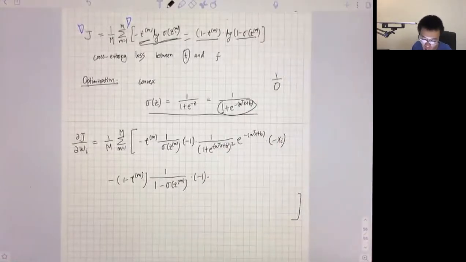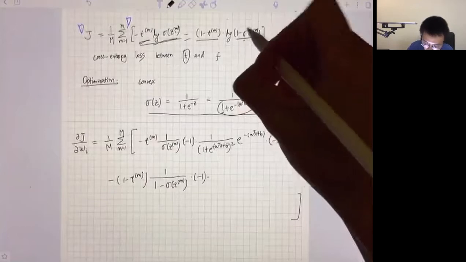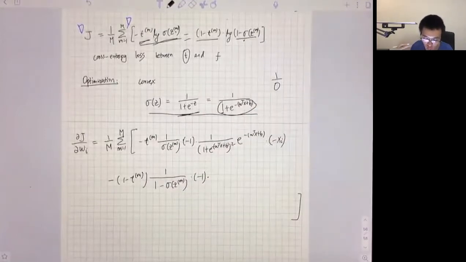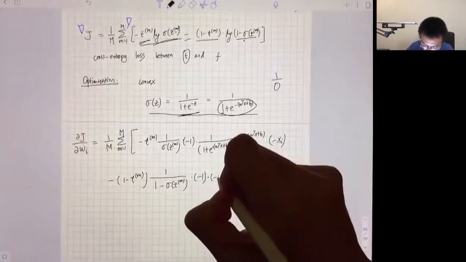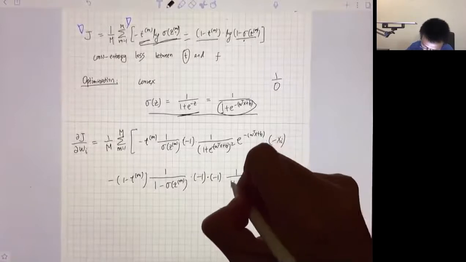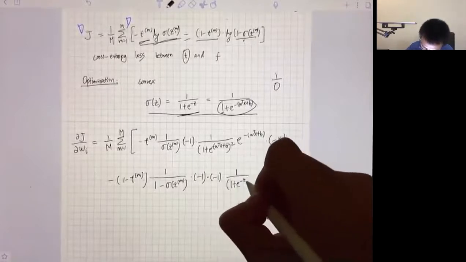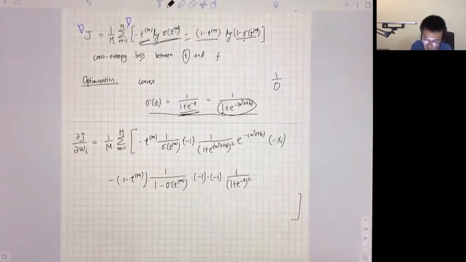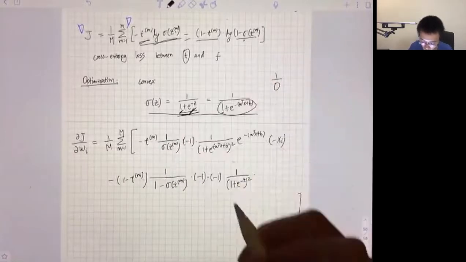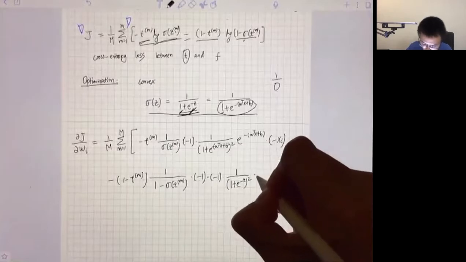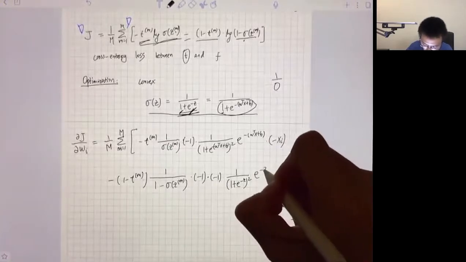Then I would like to compute the partial derivative of sigma. So sigma is this term, it's 1 over something, then the partial derivative for 1 over something is minus 1 times 1 over something squared. Then I will compute the partial derivative for the denominator. Then the first term again vanishes. It becomes the second term, which is e to the power of something, which is itself. So it's e to the power of itself.